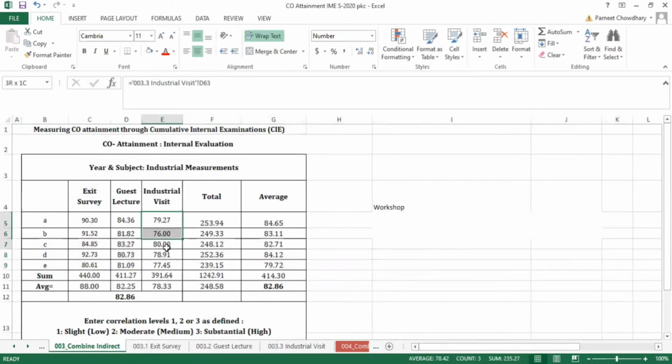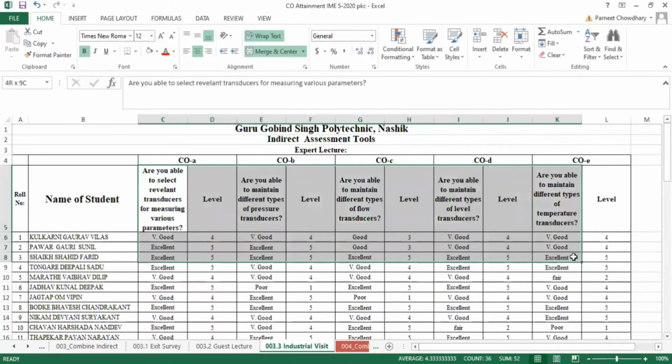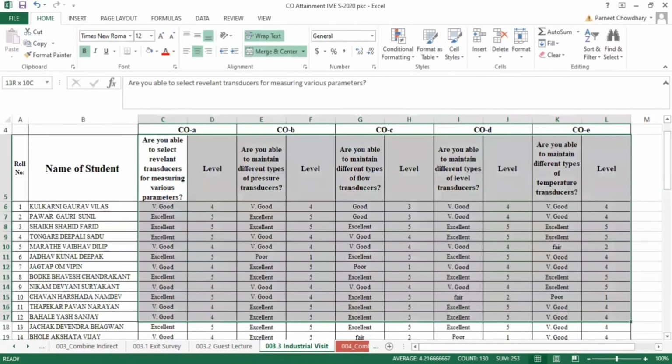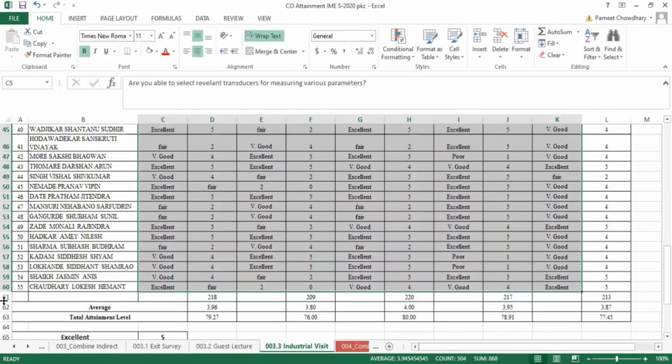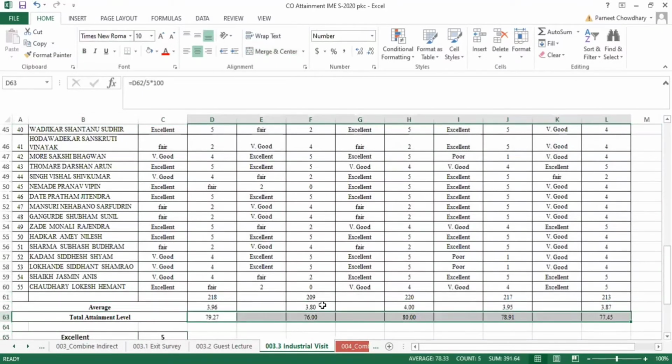Then the next is industrial visit. These values are coming from this sheet 003.3. Again, after the industrial visit, I have given a Google feedback form to the students. They have filled it just like the guest lecture. Again, we got the sum and average, and I converted that average into percentage form.